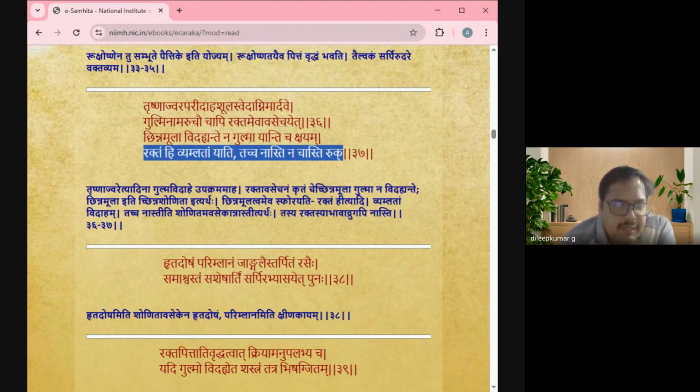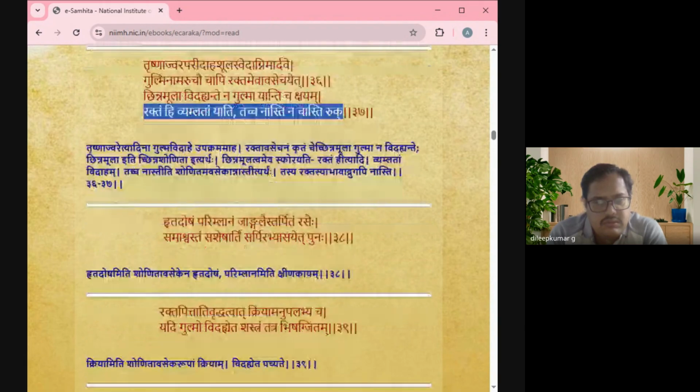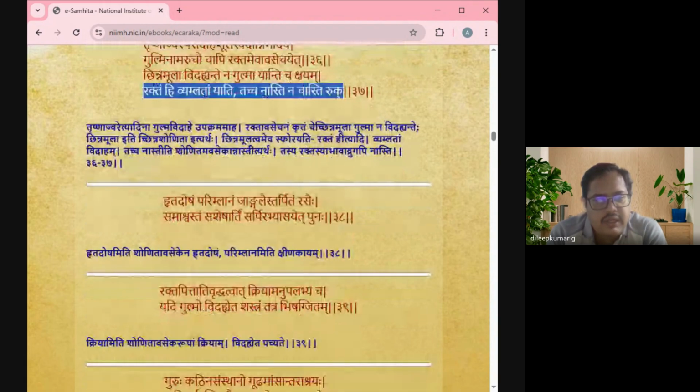Whenever pain is there, Sama condition is there, Rakta associated condition is there in the Gulma, if you go for Rakta Mokshana, the amlata or acidic nature of the Rakta reduces and pain reduces. This is shloka number 37, frequently asked.